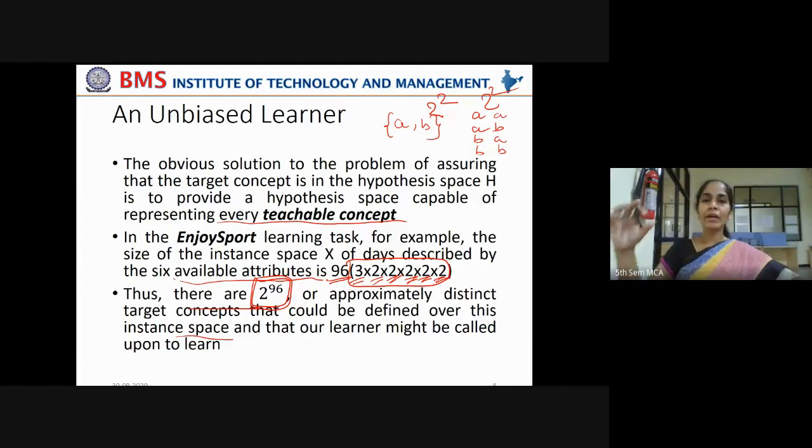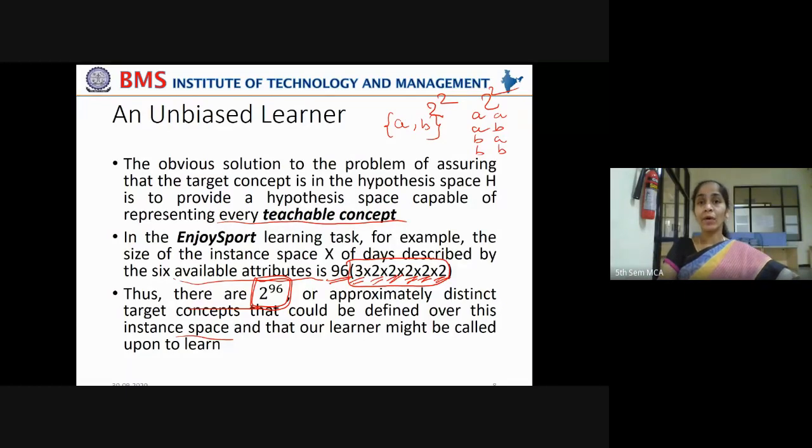And whenever a hypothesis is found to be inconsistent with the training example, that will be removed. Again, when it is inconsistent with another training example, another hypothesis will be removed, right? And finally, a version space will be obtained, which will have only the hypotheses that are consistent with the training examples.